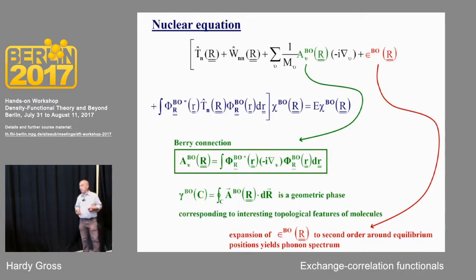To second order means that the Hamiltonian then, if you neglect the vector potential, reduces to a harmonic oscillator potential, gives you the phonon spectrum of the system. So a very important equation, but as input we need this total electronic energy and this vector potential as function of nuclear coordinates. So that's then the electronic structure problem, and this is what I will focus on.